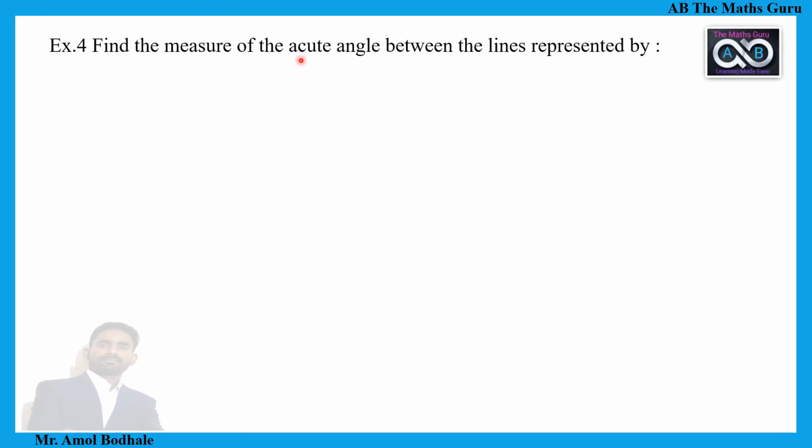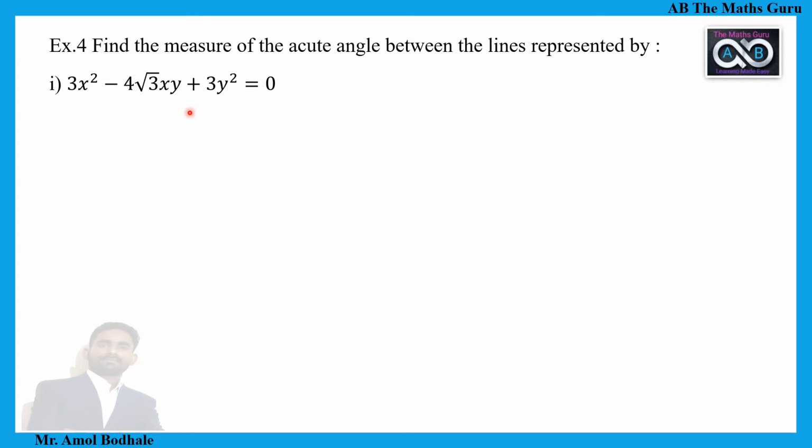Find the measure of the acute angle between the lines represented by 3x square minus 4 square root of 3 xy plus 3y square equal to 0. So, to find the acute angle between the lines represented by the given equation, we should know the formula, that is tan theta equal to mod of 2 square root of h square minus ab upon a plus b.